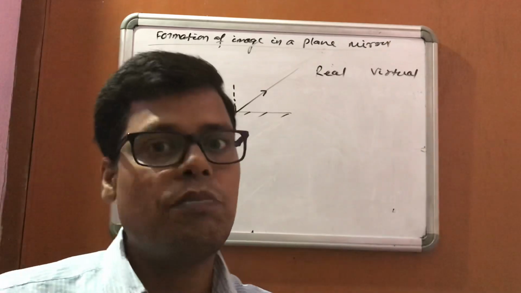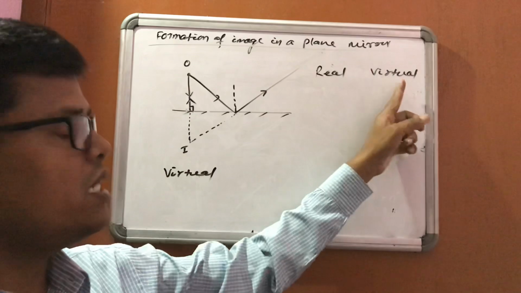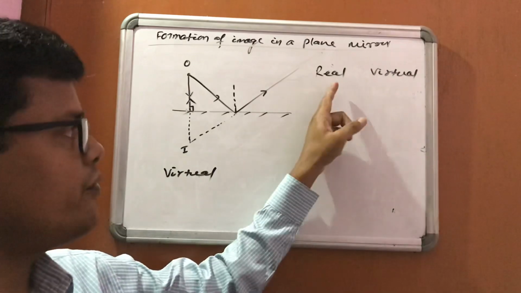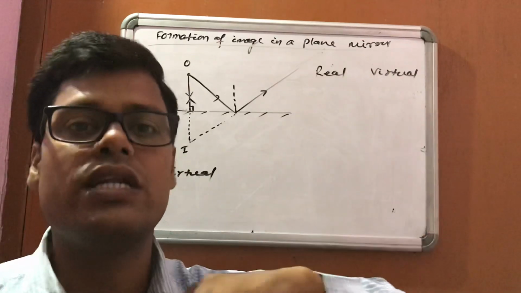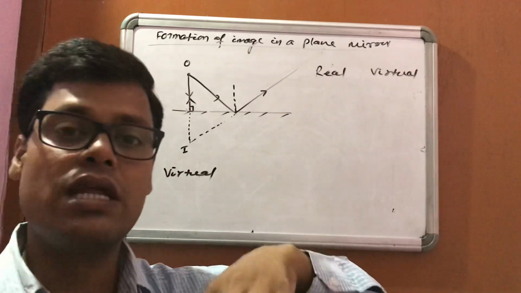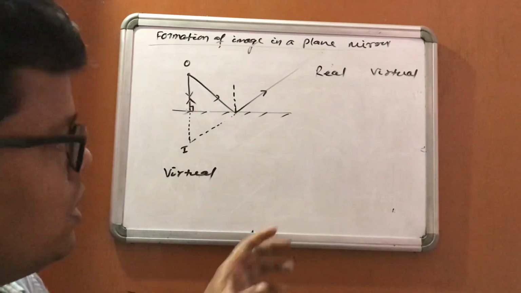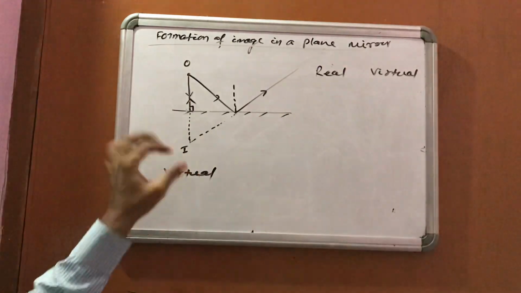The image formed in a plane mirror is a virtual image, it cannot be taken on a screen. Second, a real image is formed only when the light rays actually intersect, and a virtual image is formed when light rays appear to intersect. They do not actually meet. So this is a virtual image.